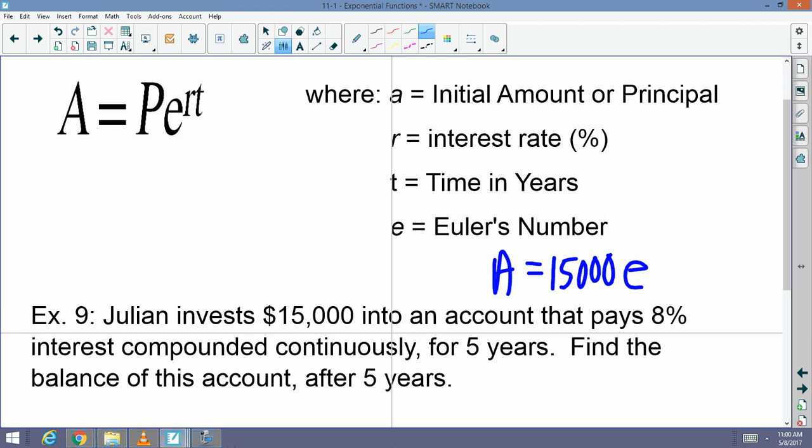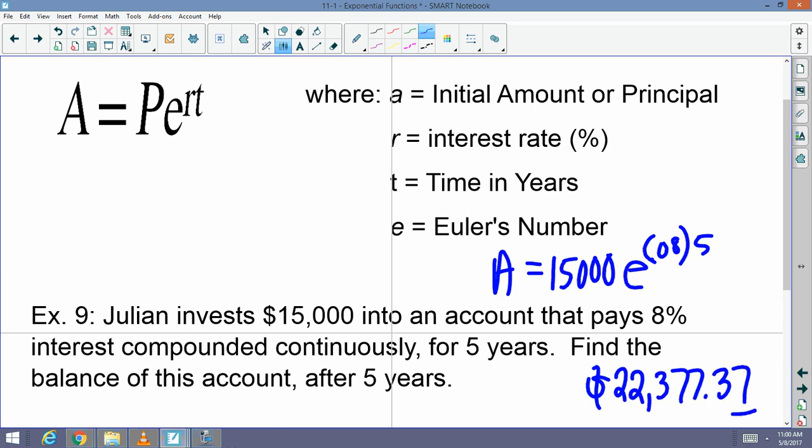E to the R, which is 0.08, times T, which is 5. So this would be 15,000 times parentheses, shift, hit your E button, then 0.08 times 5, and your answer will be $22,377.37.